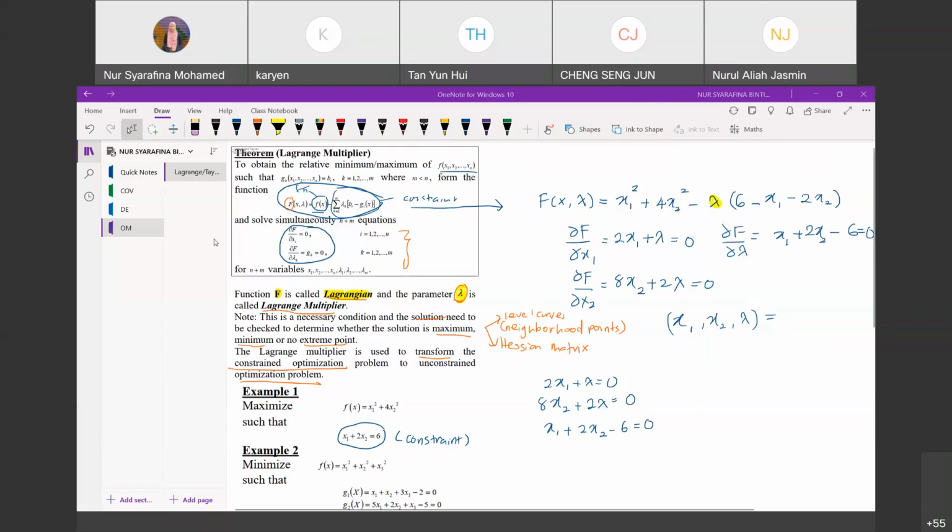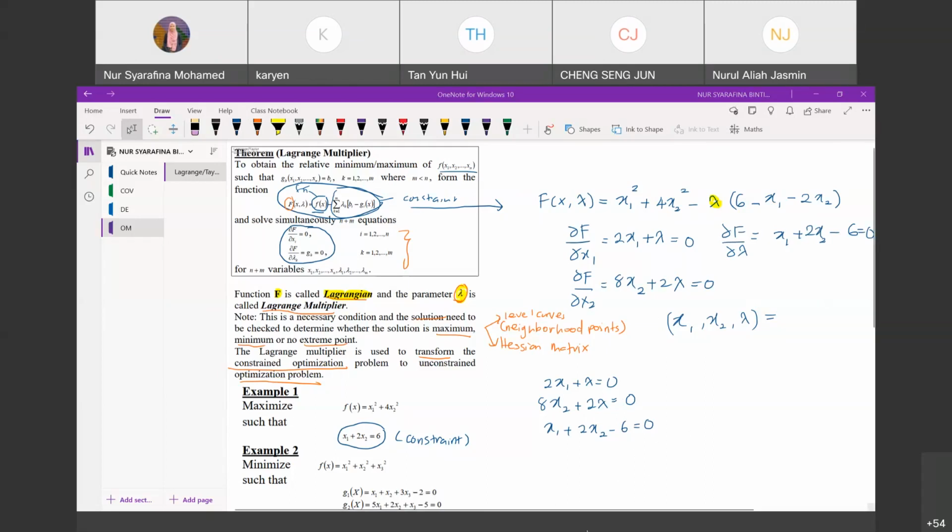Okay, so try to obtain the values here. You can solve it by using your calculator, right?